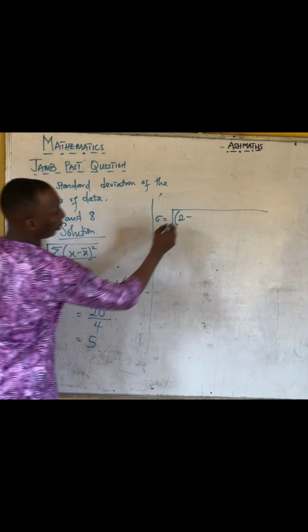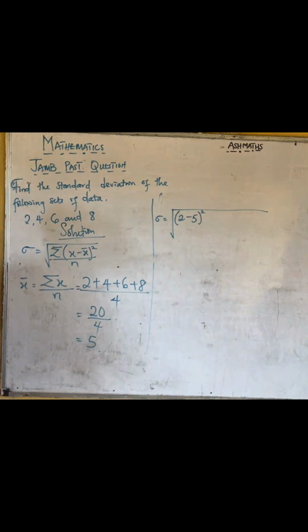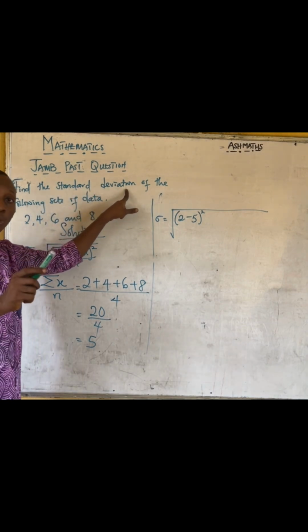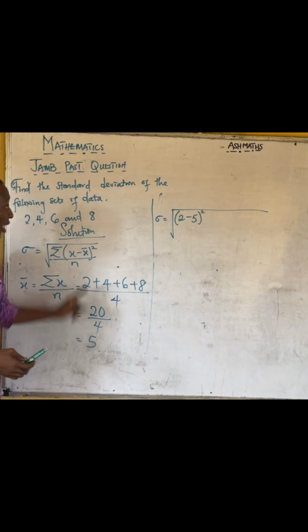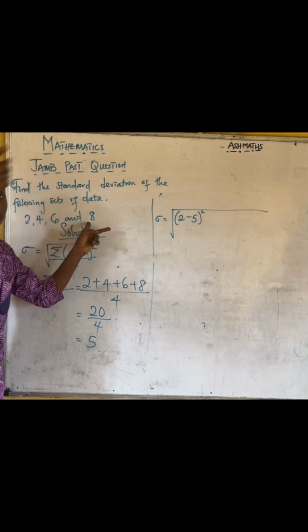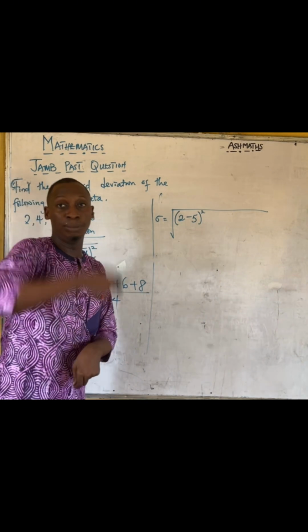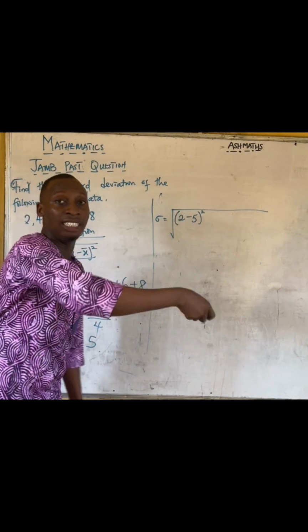The x bar is 5; the x bar is the mean. Anytime you are given a standard deviation question, bear in mind that the mean is mandatory. Either they give you the mean in the question and tell you to use it to estimate the standard deviation, or they expect you to find the mean and use it to find the standard deviation. That means standard deviation is dependent on mean.